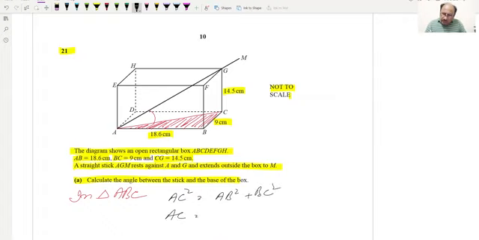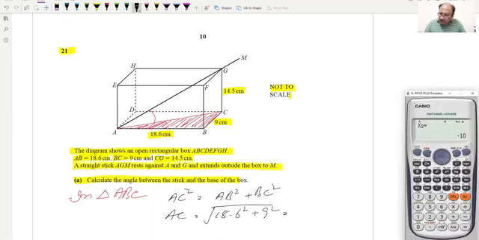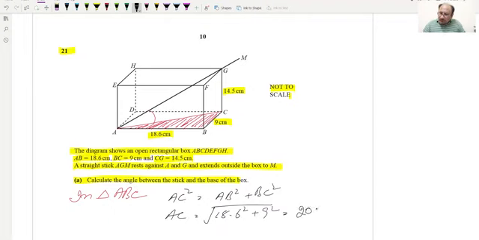So AC will be equal to the square root of 18.6 squared plus 9 squared, and this is equal to 20.66. So 20.66 centimeters, we got this length.